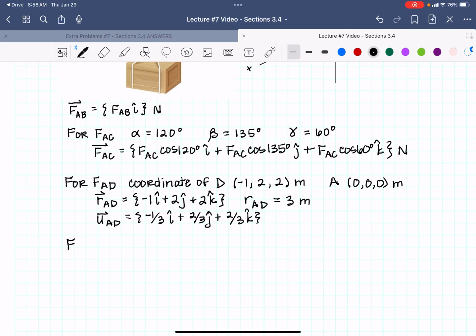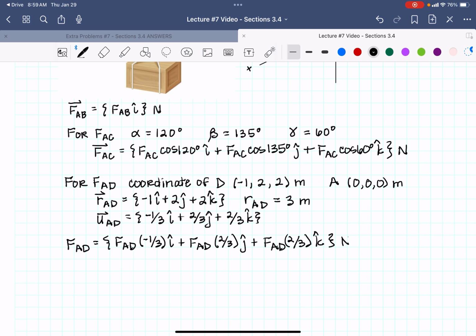So for FAD, it is going to be equal to FAD times -1/3 in the i hat plus FAD times 2/3 in the j hat plus FAD times 2/3 in the k hat.